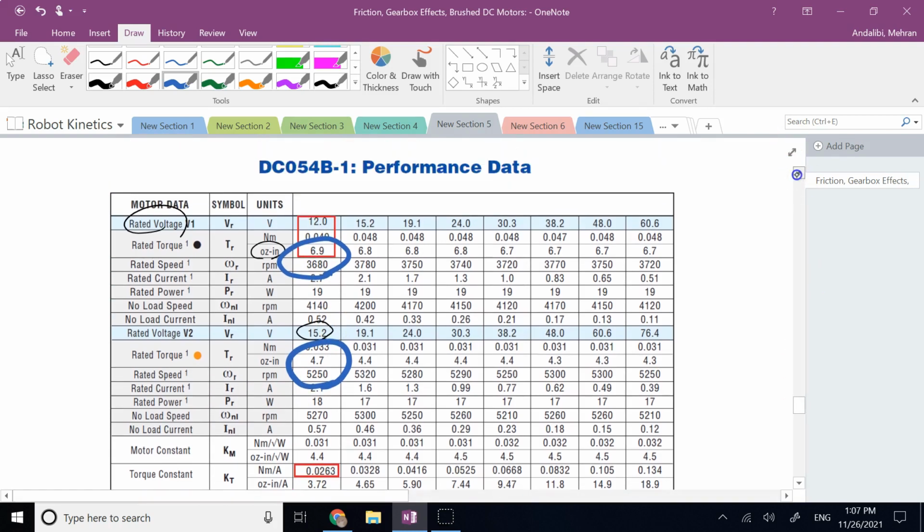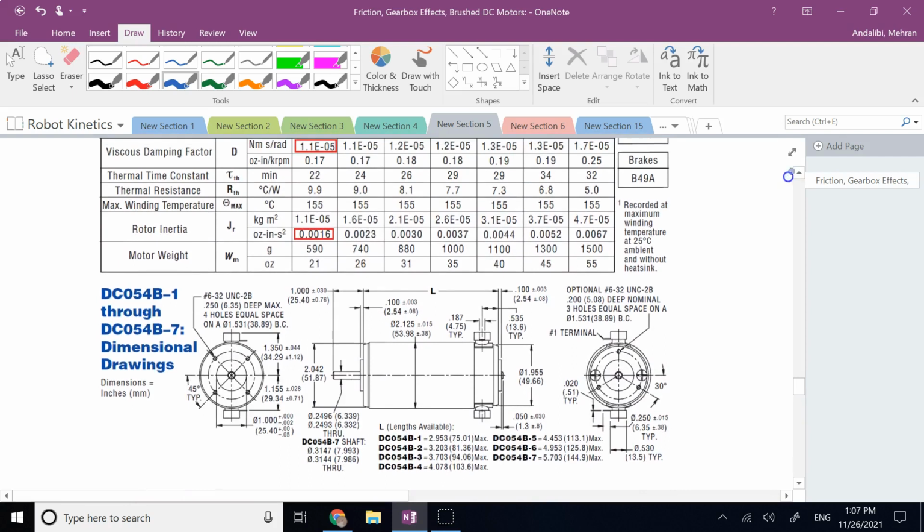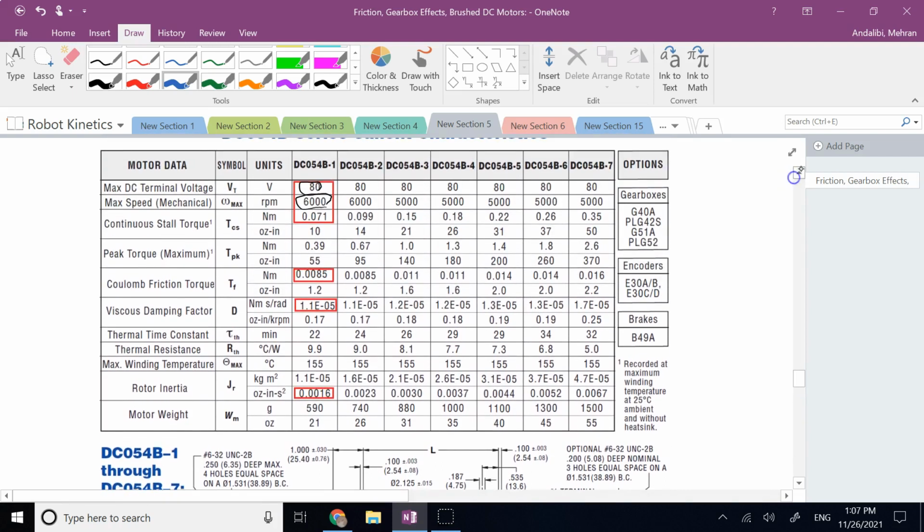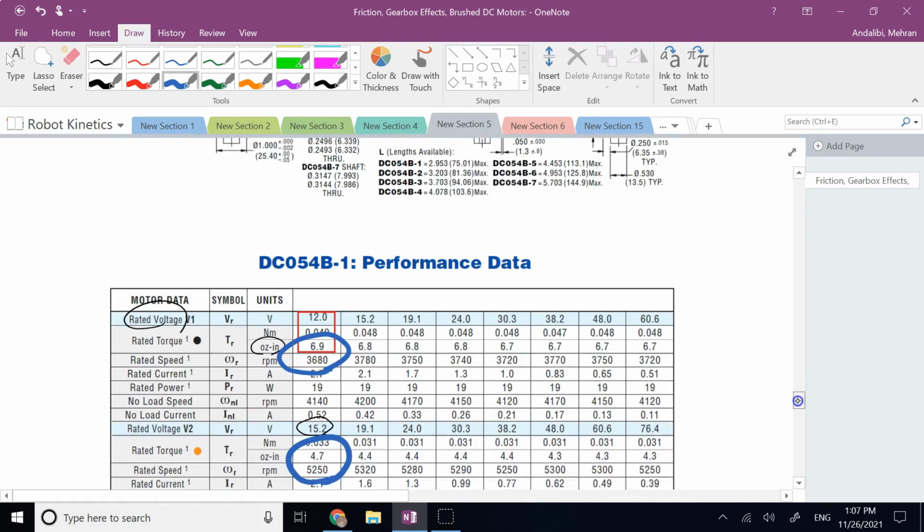Now, if I go back here, what other parameters can I find in the spec sheet? So I have the stall torque here also. This is the maximum torque you can expect to get out, 10 ounce-inches. Of course, you see both of these numbers I showed you were below 10.